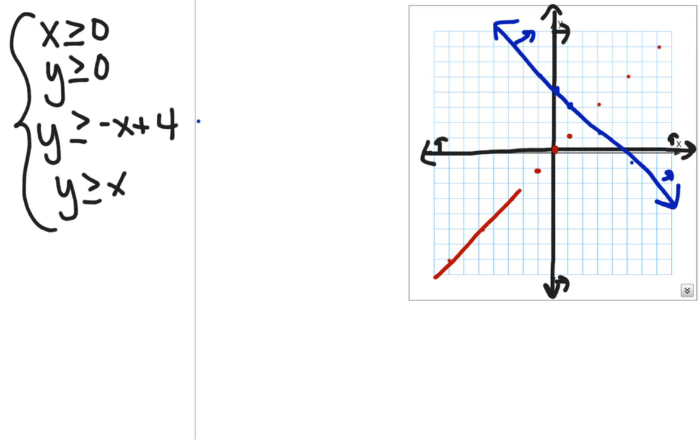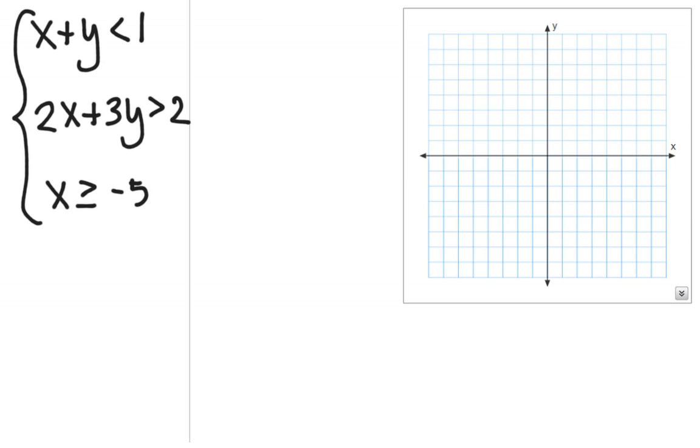Nice solid line also. Again, greater than is going to be above that line. So my shaded region is actually going to start here at my y-axis and go down and up like so. Again, those are the points that work for all 4 inequalities.